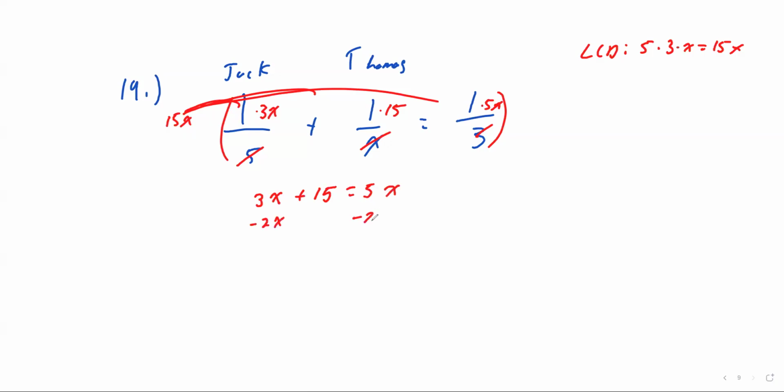Subtract 2x on both sides. Again, I like to avoid negatives whenever possible. 15 would equal 3x. And then I would just divide by 3. So I see x is 5. So was it hours? So it'd be 5 hours. So both Jack and Thomas can both do it in 5 hours.